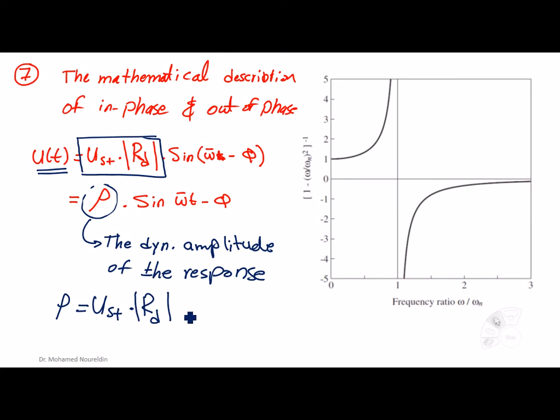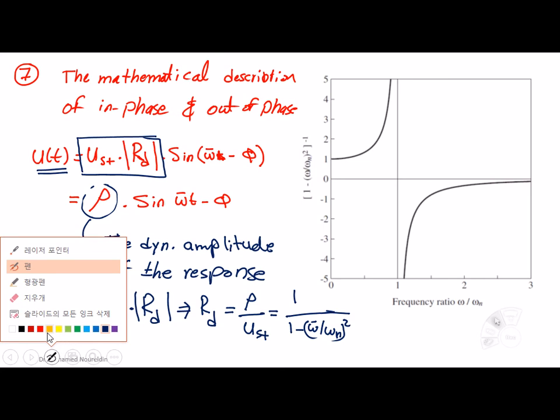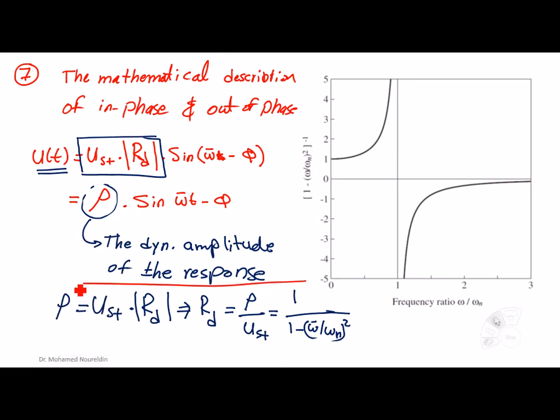So this means that we can write that RD equals rho over U static, and it equals, as we know, 1 over 1 minus omega bar over omega n to the power 2. That's a very important equation that we need to keep in mind.